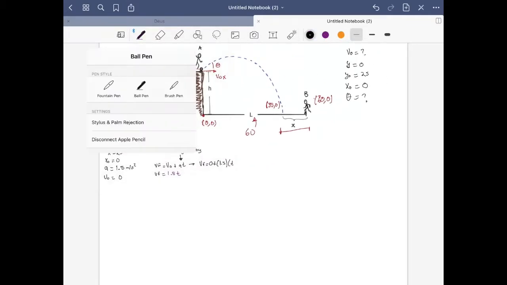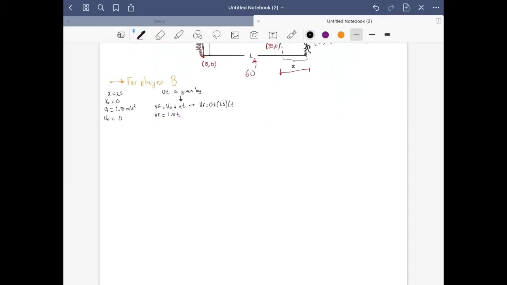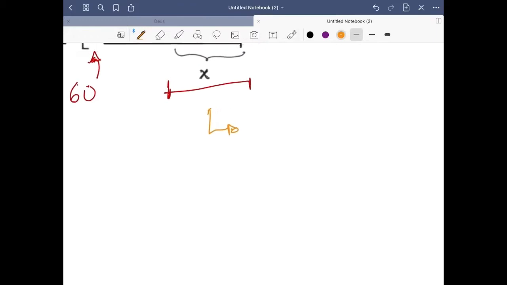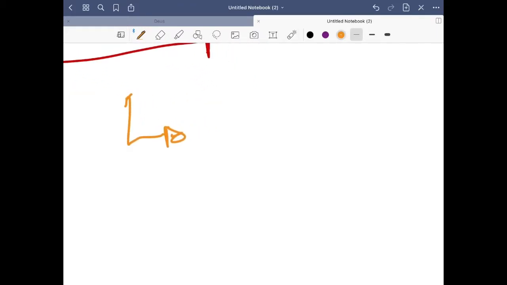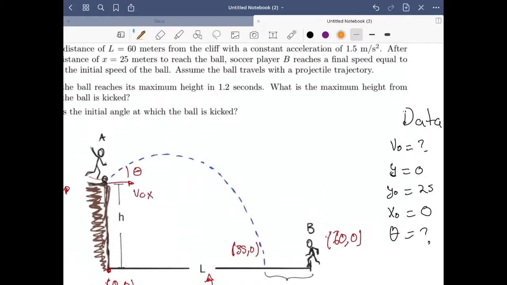As you can see in the video, I use the formula for final velocity equals initial velocity plus acceleration times time.